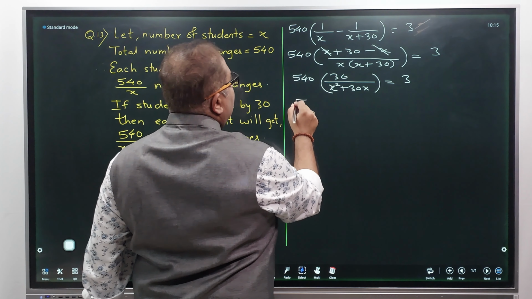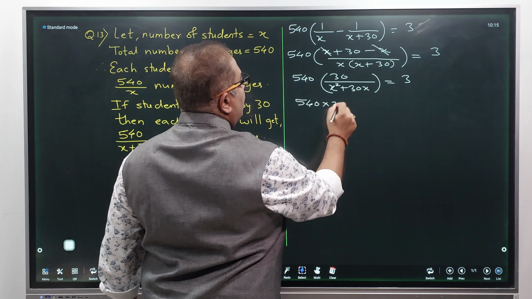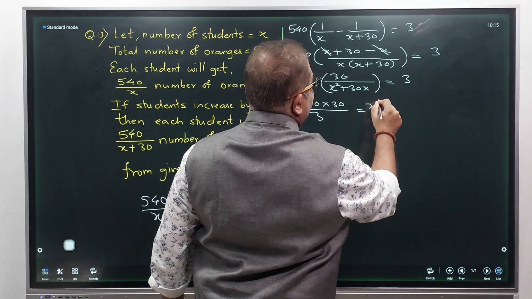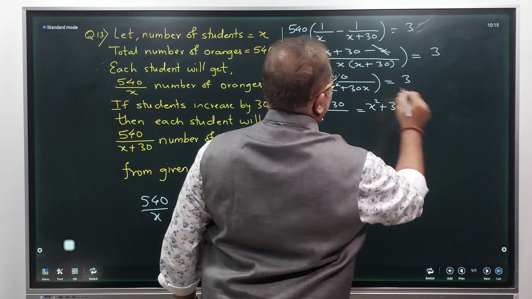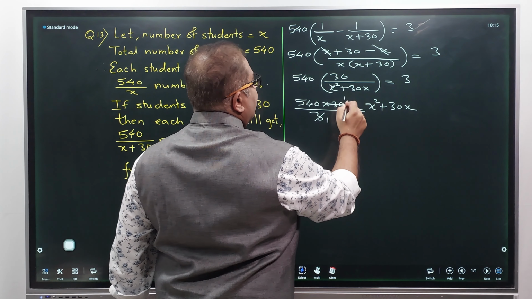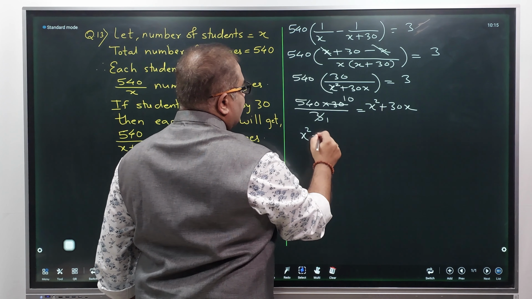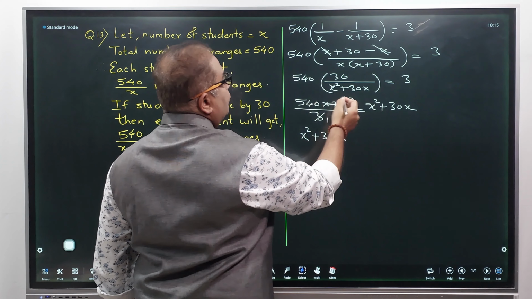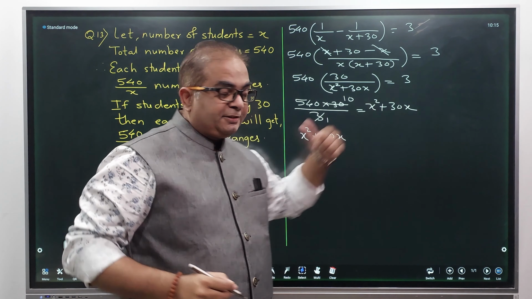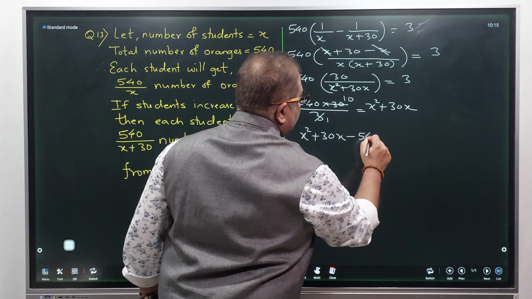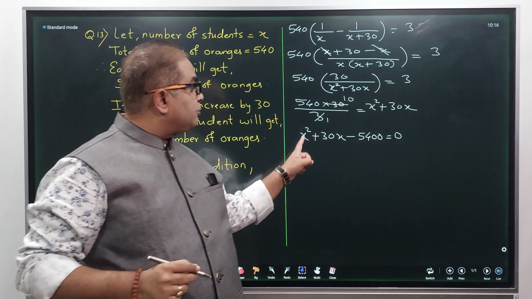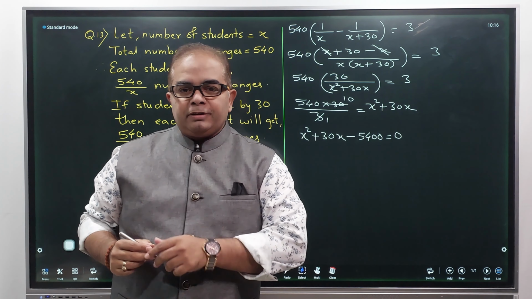So 540 into 30 upon 3 is equal to x square plus 30x. ओके, तो 3 1 दा 3, 3 10 दा 30, so x square plus 30x equals 540 into 10, 5400. So minus 5400 is equal to 0. So this is my quadratic equation, x square plus 30x minus 5400 is equal to 0.